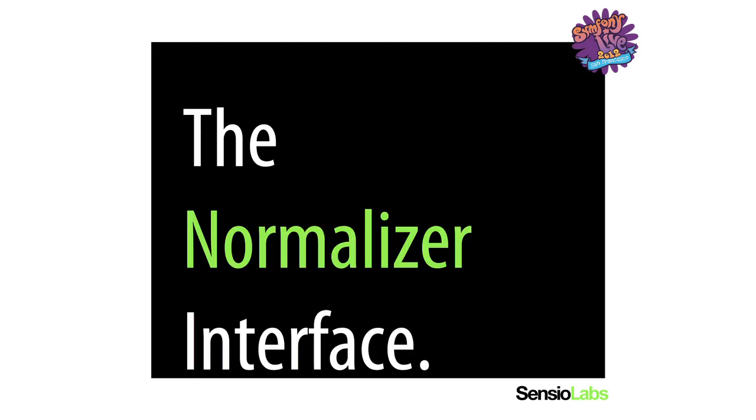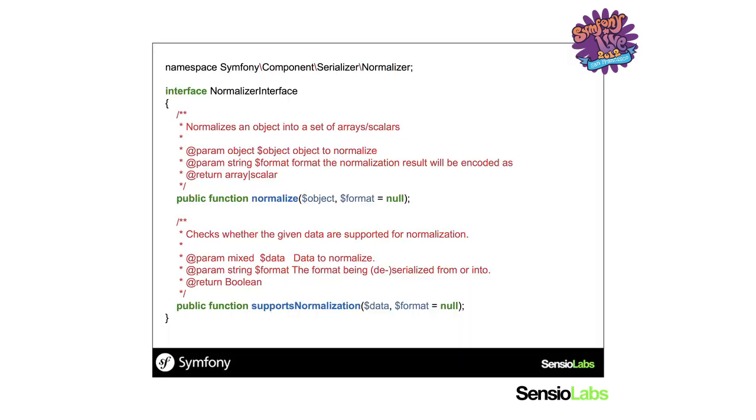So this serializer object works with normalizers, and of course we have a normalizer interface, because if you want to extend the serializer capabilities, you will be able to create new normalizers. So the normalizer interface gives you two methods: normalize, that normalizes the object, so it converts your objects to a PHP array, and the supports normalization method, which tells if this normalizer supports a specific normalization format.